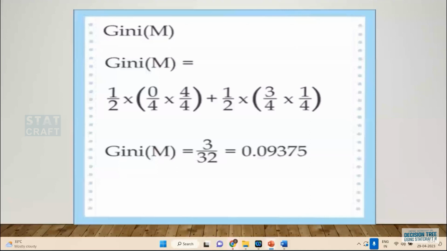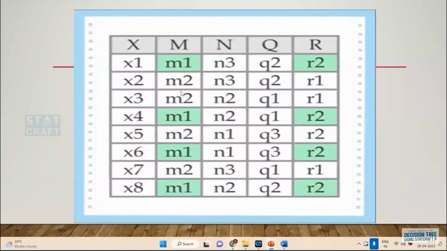See, when M1 is active, is R1 occurring anywhere? Just check, all of you. When M1 is there, is R1 occurring? No. It means that, okay, what is the probability of M1 and M2? Half.